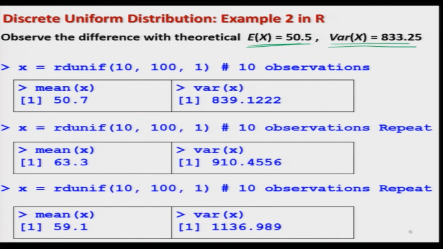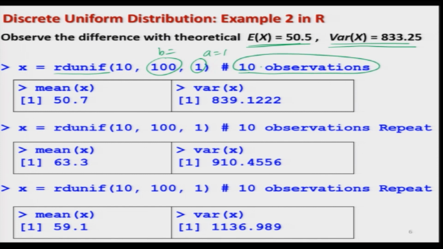So, I can take the values of a and b to be 1 and 100, and we generate observations from the discrete uniform. The command here will be rdunif inside parenthesis 10, 100, 1, right, for generating 10 observations.